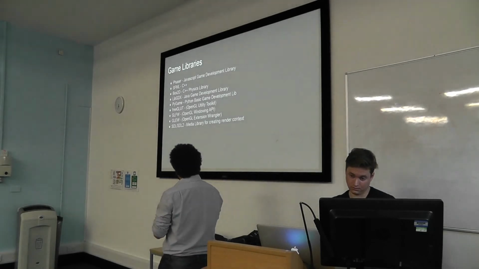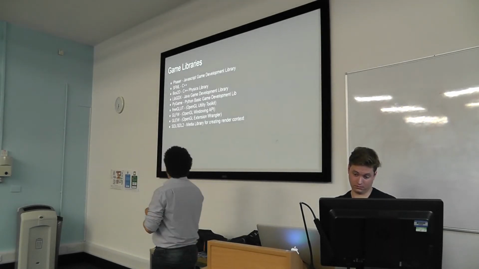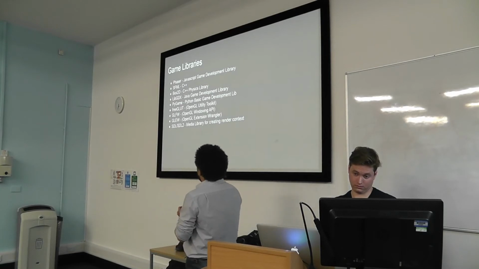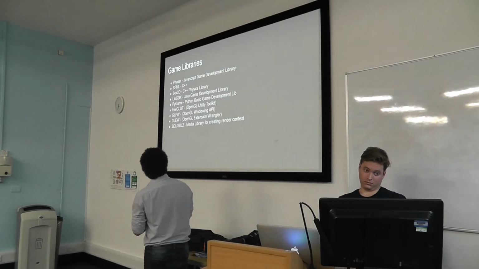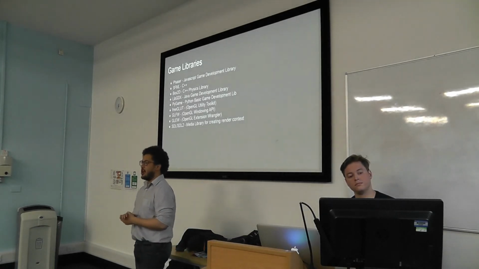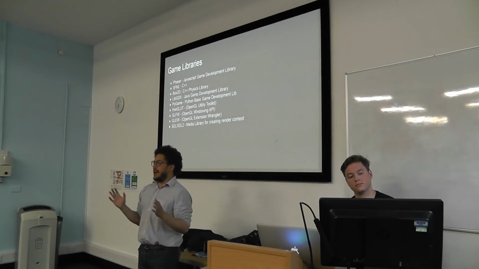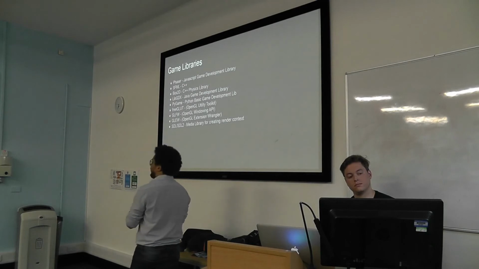FreeGLUT. This is the OpenGL Utility Toolkit. You'll need this if you're doing OpenGL programming. It also runs with GLFW, GLEW, lots of GL stuff. These are the OpenGL libraries that you're going to be using if you're just writing pure OpenGL code. This is what you have to deal with if you're making your own game engine, which is OpenGL or DirectX.